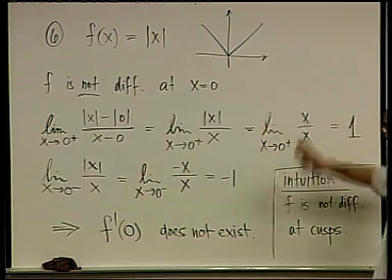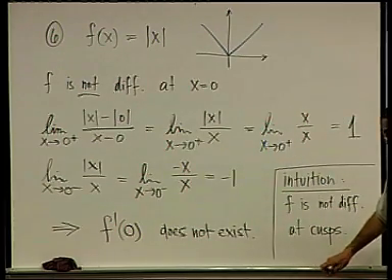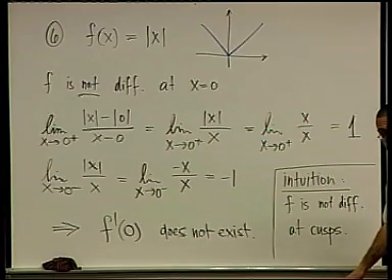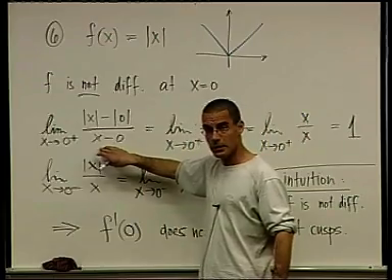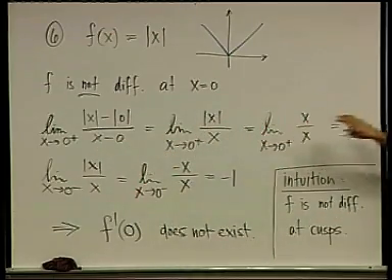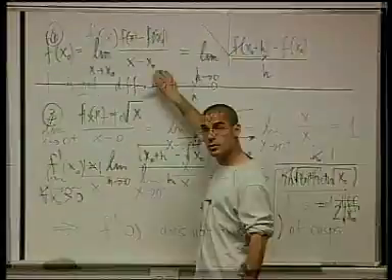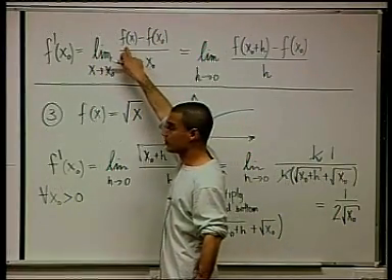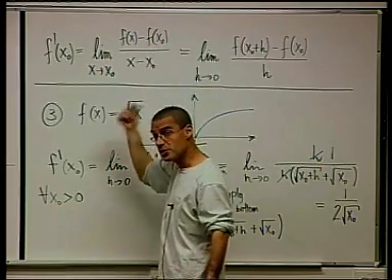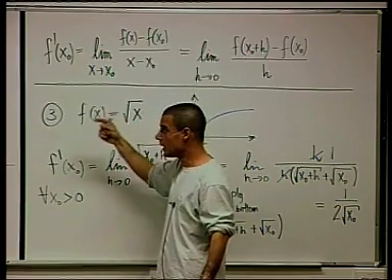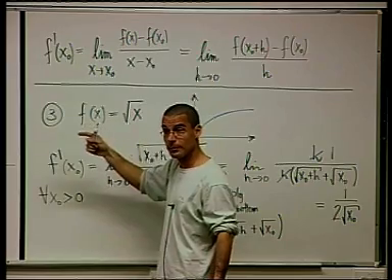Okay, any questions so far? Yes? How is this the definition of the derivative? This? Yeah. Well, let me show you on this board. Here's the definition of the derivative. F of x, absolute value of x, minus f of x0. x0 is 0. We're showing that it's not differentiable at 0.